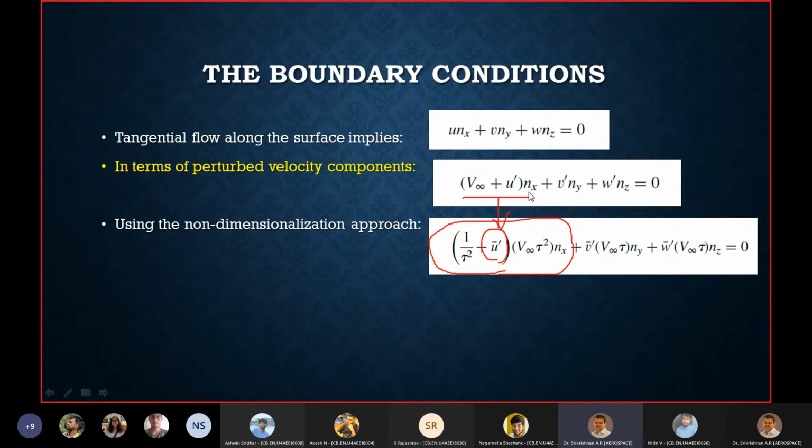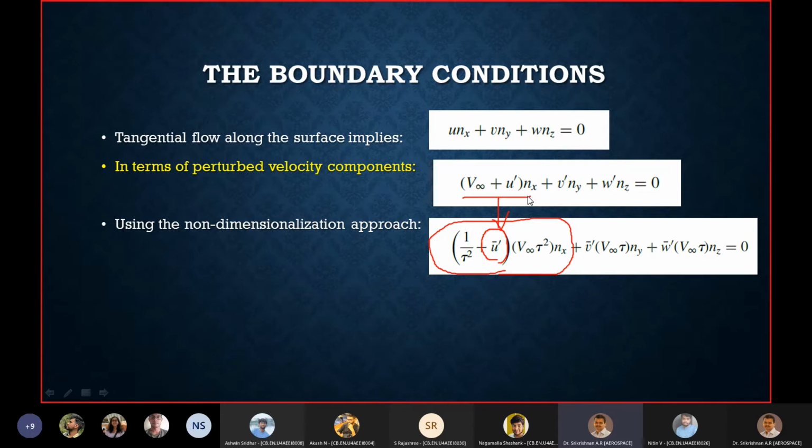So this is just one step incorporating the non-dimensionalized form of the perturbed velocities. Similarly for v dash and w dash, to incorporate the non-dimensionalization, we have v prime dash, and to equate that to v dash, we have the multiplication by v infinity into tau, because that's the way that we have defined the parameter v bar dash.